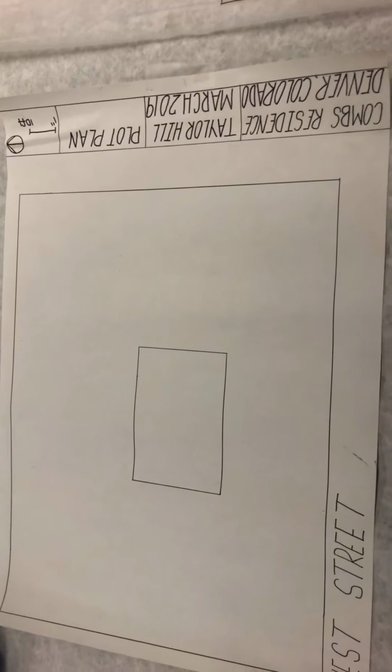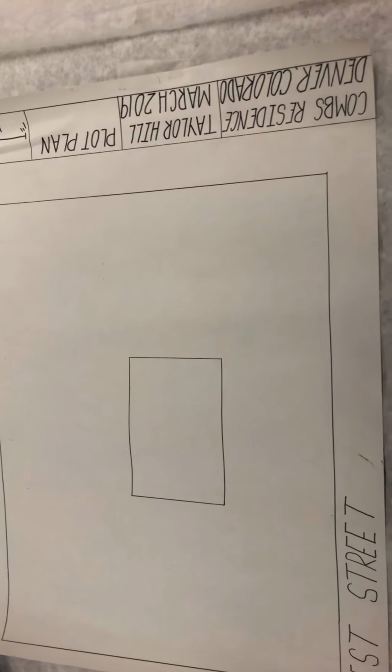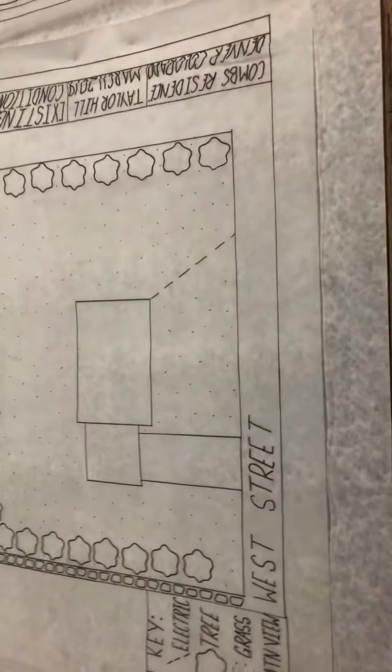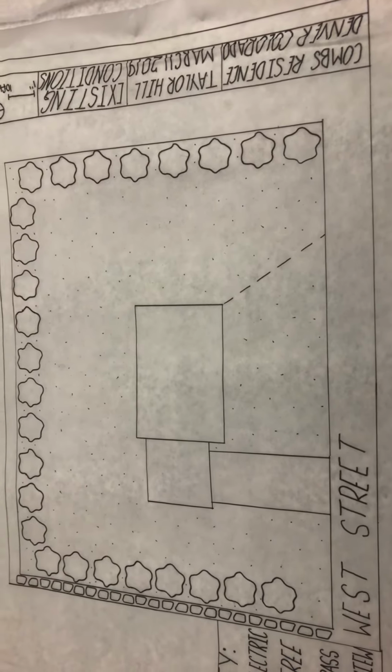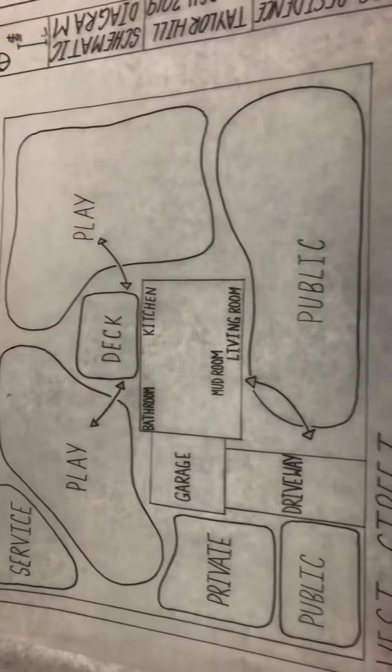Sometimes students do them a little bit differently. So here's Taylor Hill's plot plan. That's that very first, very basic plan. Here's plan number 2 for Taylor. This is existing conditions. That's what's already at the property. Drawing number 3 is your schematic diagram.